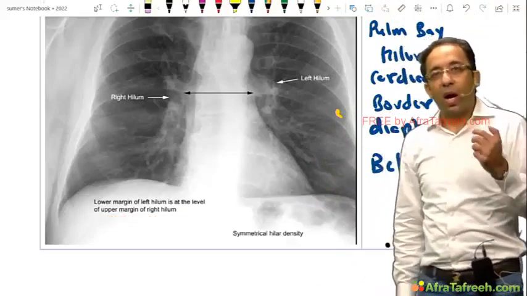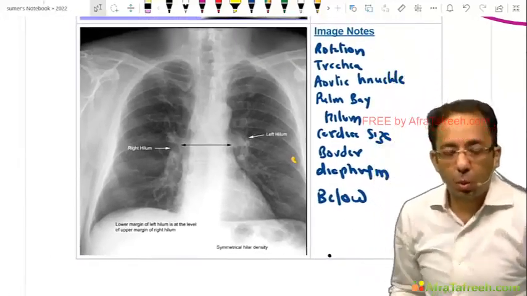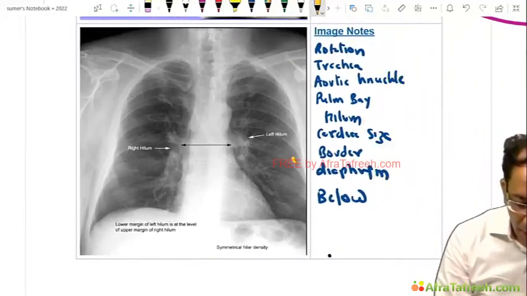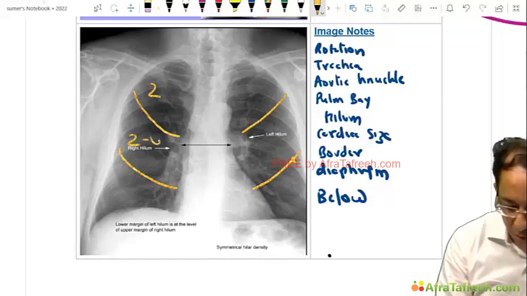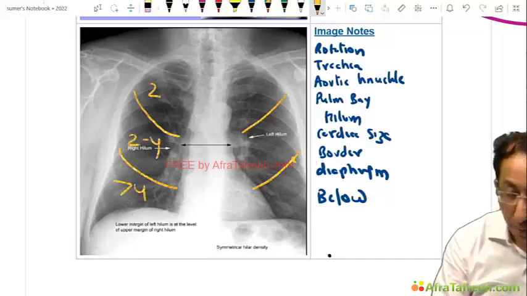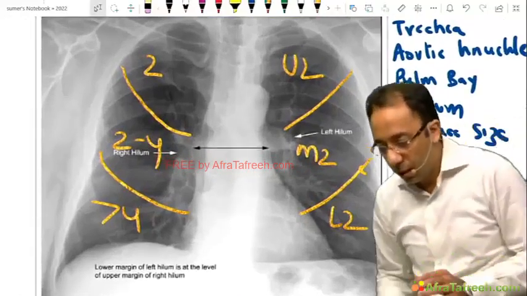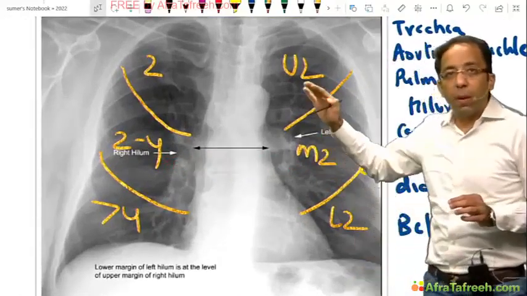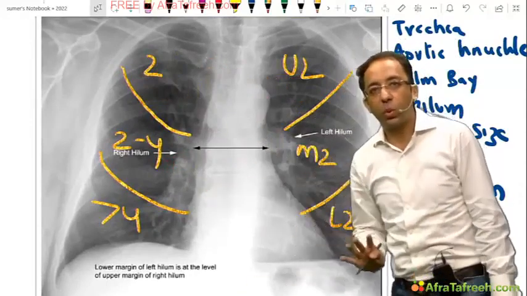Now, after I have seen the CP angle, listen to me, I draw a line at the lower border of the second rib and the fourth rib, and divide the lung into upper zone, middle zone and lower zone. Up to the second rib is upper zone, 2 to 4 is middle zone, below 4 is lower zone.